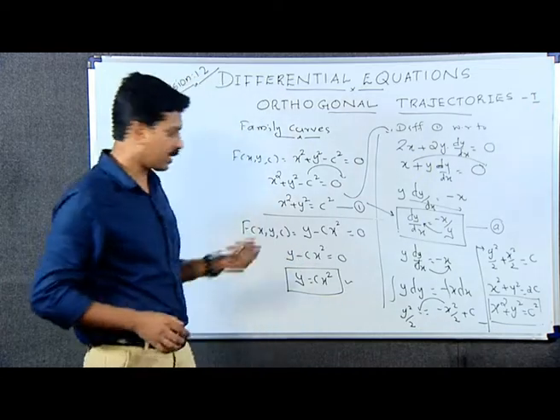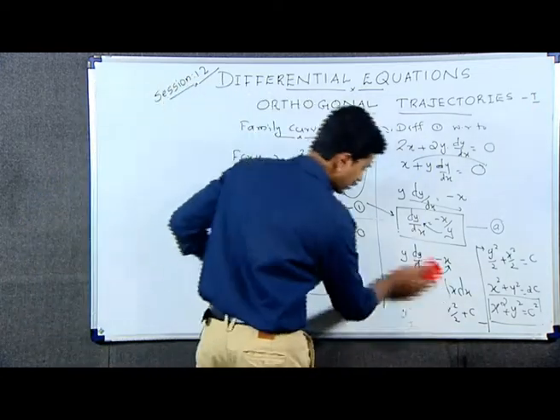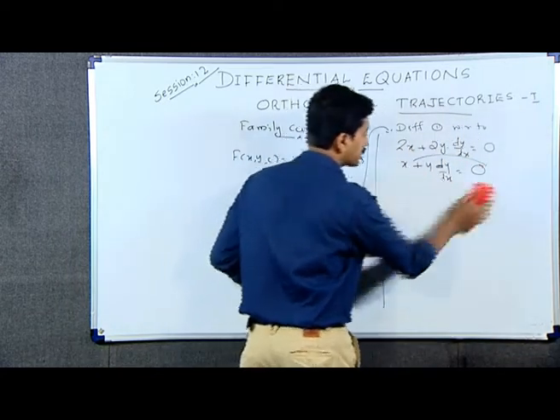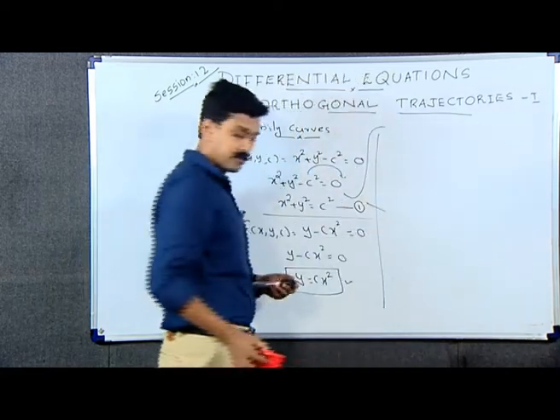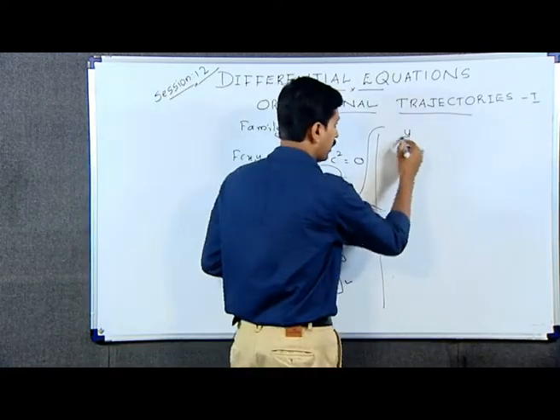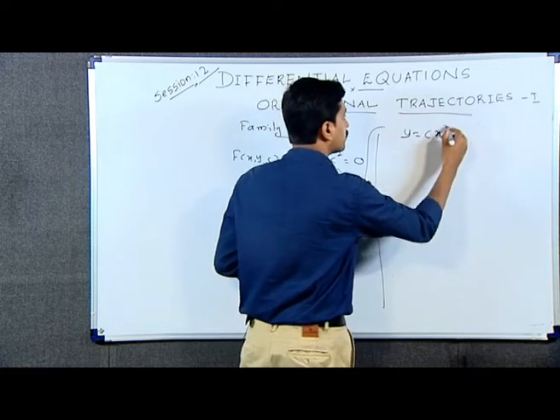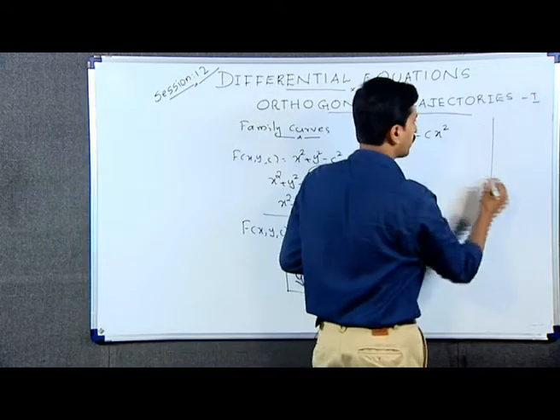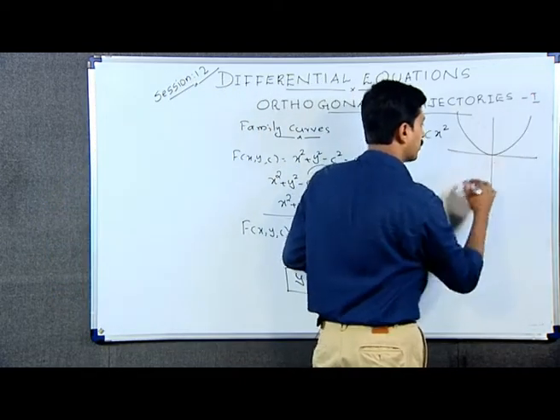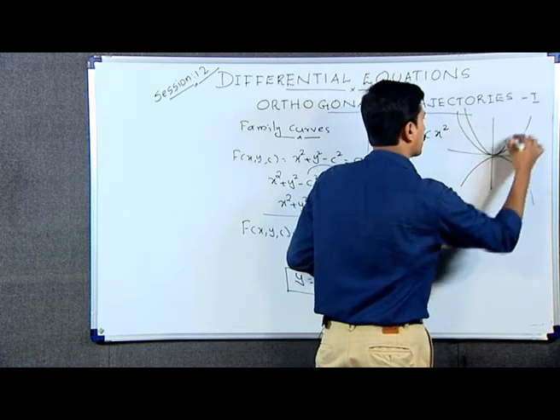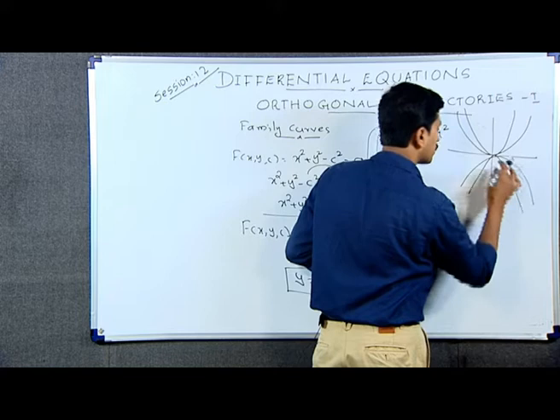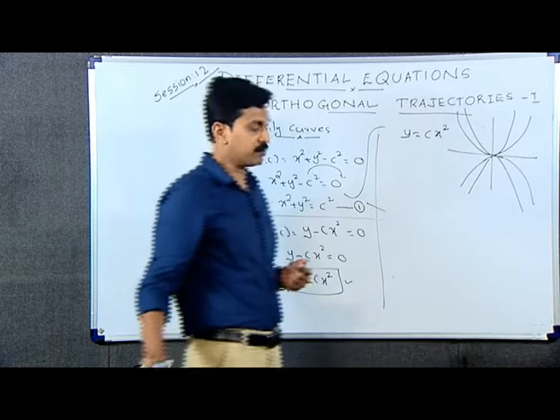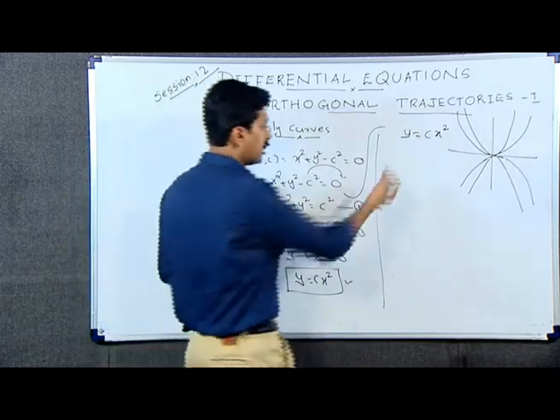Similarly, you can find the differential equation corresponding to the family of parabolas which is symmetric about the y axis. The family of parabolas symmetric about the y axis is y equal to c x square. We know the family of parabolas looks like this, we already showed it here.